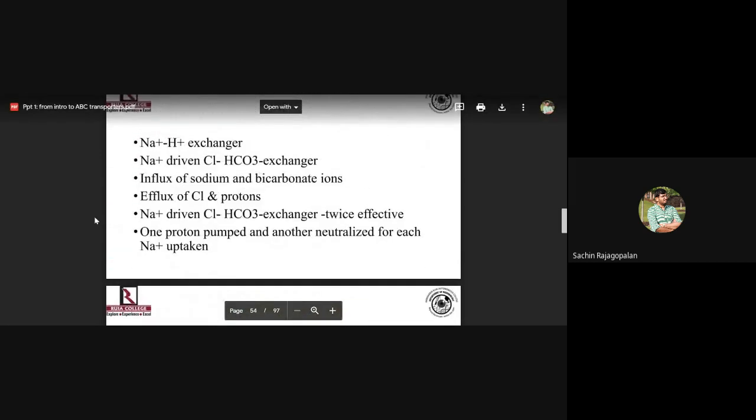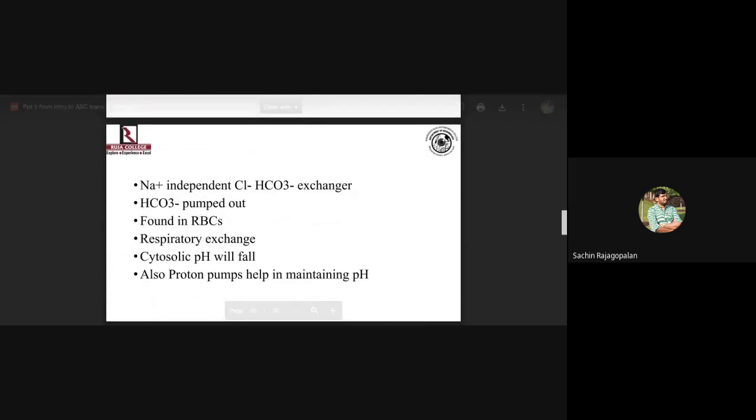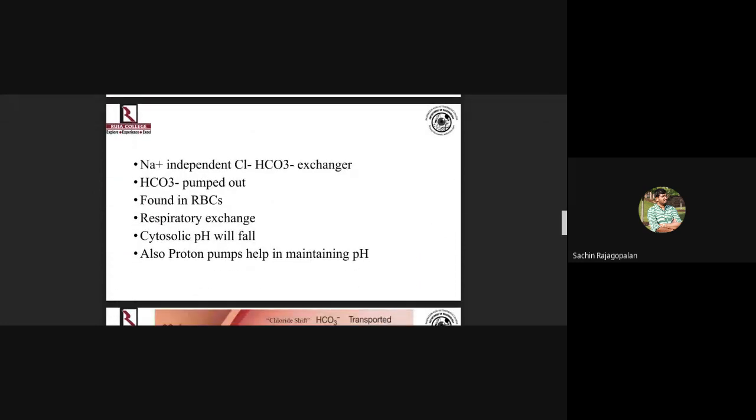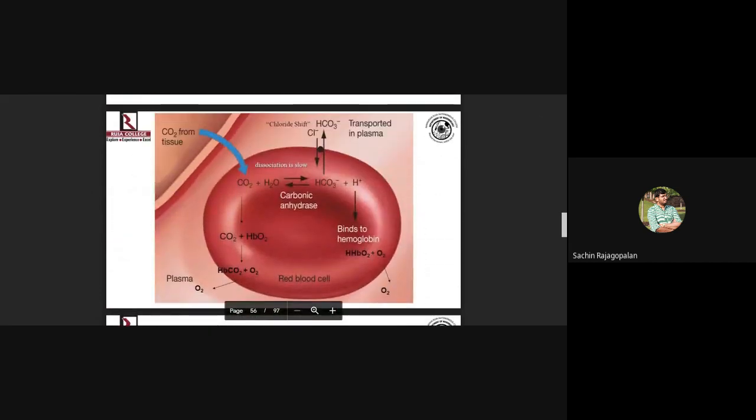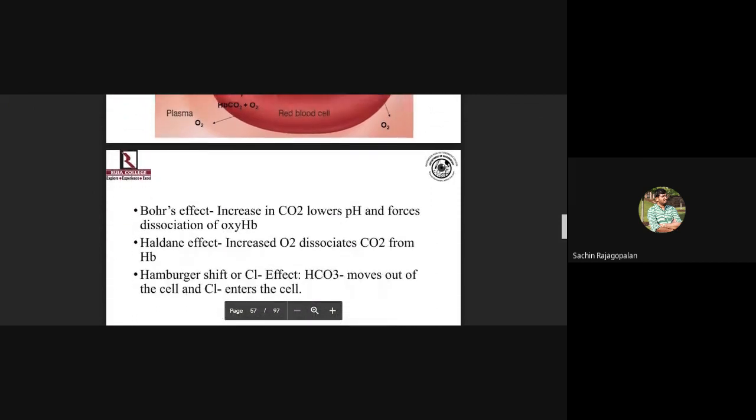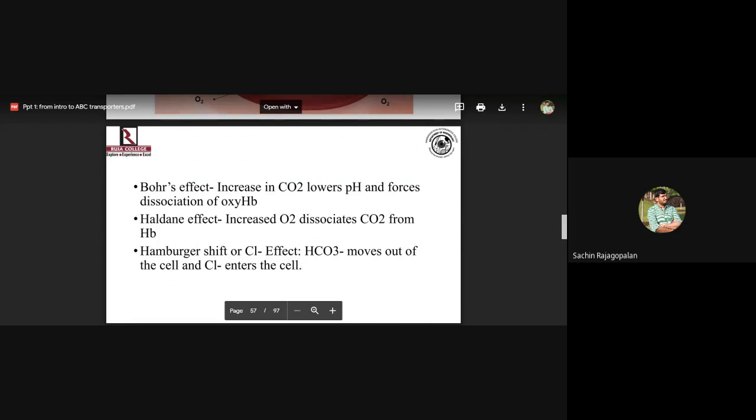Only then we can come to this exchanger concept, which we will obviously discuss on Monday, because even if we start, we will not finish it today. Those are three heavy concepts which we will have to write and understand. So I will be putting up my whiteboard and will explain you the reactions, but we will do that in the next lecture. So these three phenomena we will discuss in our next class.